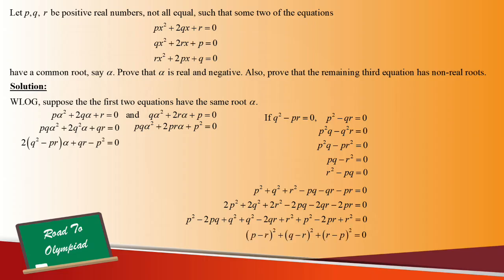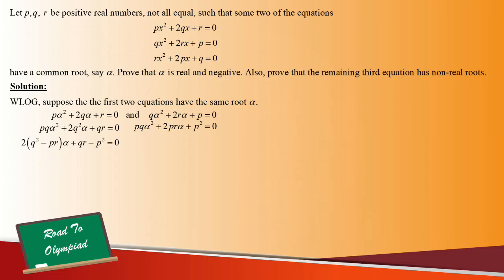This gives us the sum of three squares to be equal to 0, and this can only happen when each of the terms in the squares is equal to 0. And thus, we have p, q, and r must be all equal. This is a contradiction, as p, q, and r are given to be not all equal. Therefore, q squared minus pr must be non-zero.